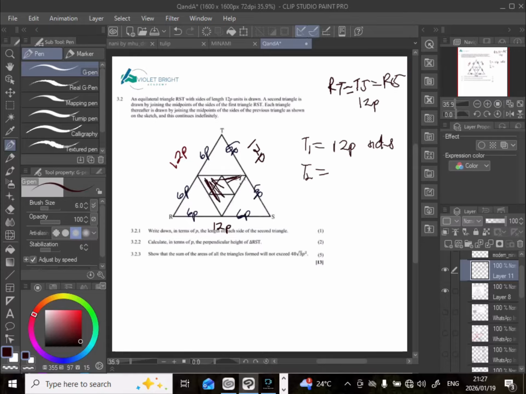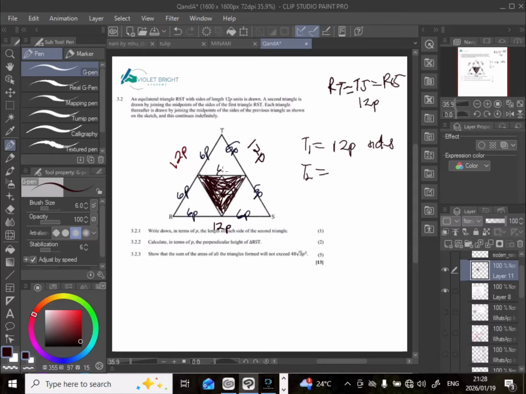I want you to understand something. All these triangles are going to be equilateral triangles. Why am I saying that? It's simply because the sides are cut through the midpoint again, which means now it will be 6, 6, 6.